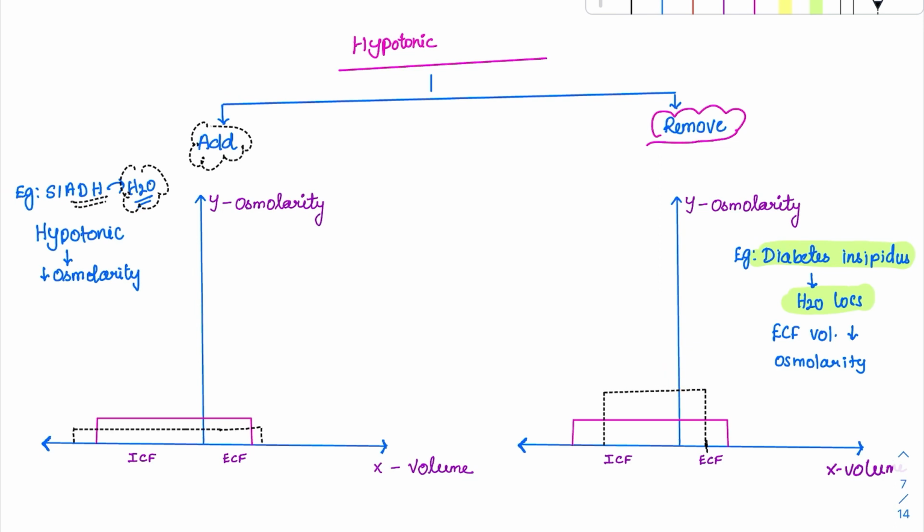So this is the Darrow-Yannet diagram for hypotonic addition as well as removal. As you can see here, they are again mirror images of each other. Once you know one concept, you can correlate it with the other. In this, we have to remember that there is addition of water and removal of water in the case of hypotonic solutions, the classical examples being SIADH and diabetes insipidus.